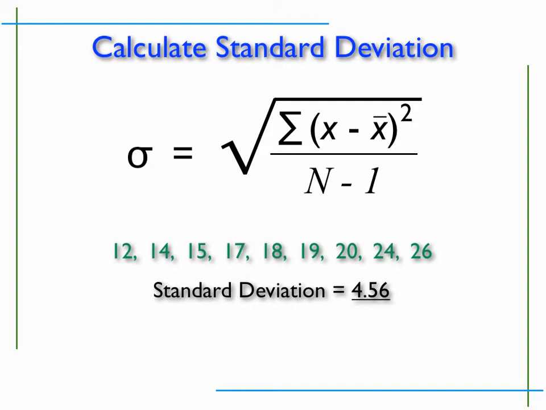Now, this doesn't mean that each standard deviation should be a score of 4.56 from your overall data score. Some people will confuse themselves by saying that if my standard deviation is 4.5 and my mean is 18, then the next standard deviation point should be 18 plus 4.56, which is 22.56.